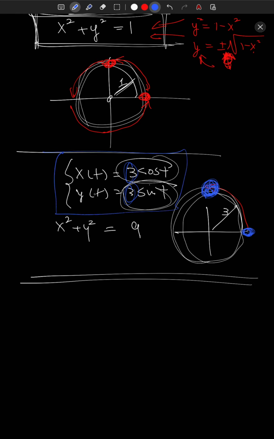How would I change x of t and y of t so that I could drive double the speed? I want to know these because the equations that I have right here only describe specifically the motion counterclockwise around a circle of radius 3.